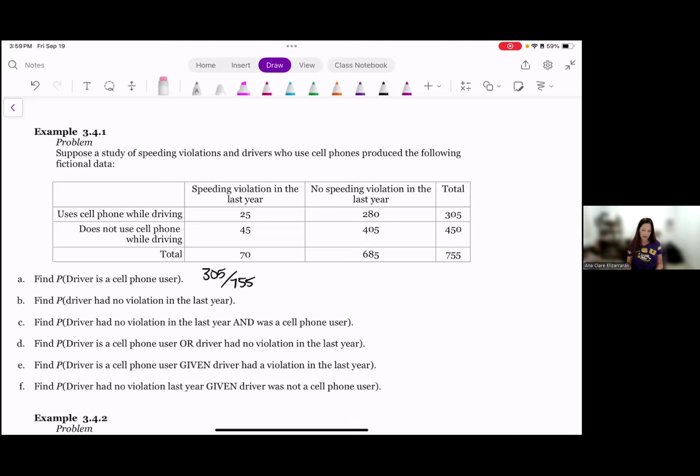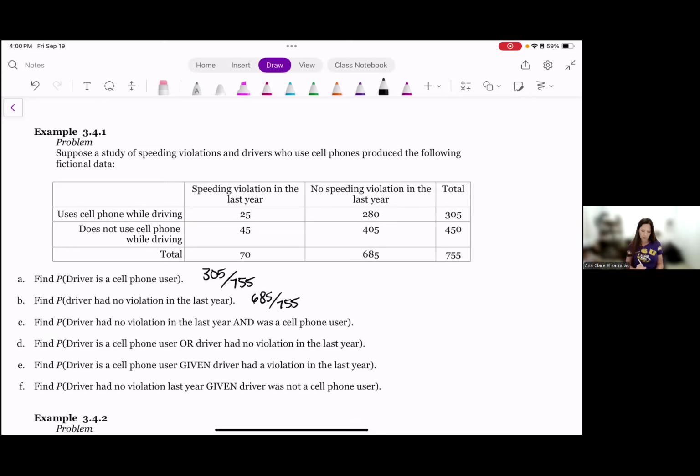The next question asks me to find the probability that a driver had no violation in the last year. So no violation is in columns, and I have these here. There are 685 out of 755. Standard, totals, straightforward.